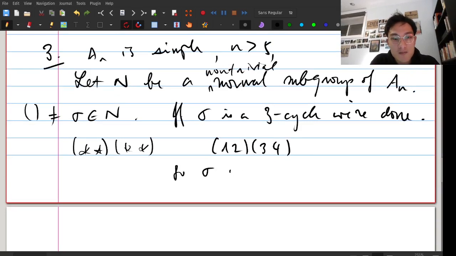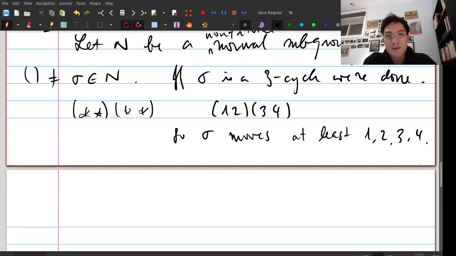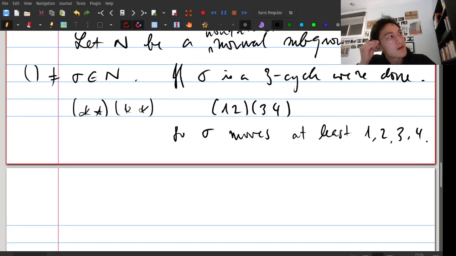So sigma moves at least 1, 2, 3, and 4. Okay. Now what do we do? I seem to remember that you need to now take sigma and make a commutator with a 3-cycle.